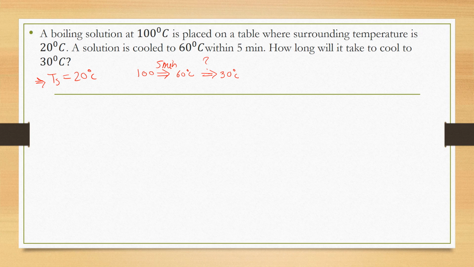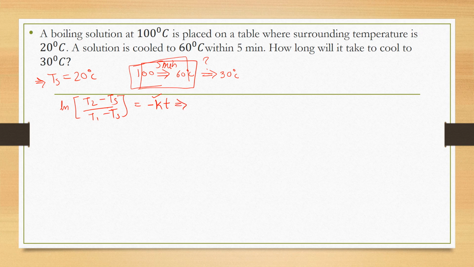So as per our formula which we have derived just now, which is given by ln of (T2 minus Ts) by (T1 minus Ts) equal to minus kt. So in this equation k is unknown, so we need to determine the k by considering the first process, that is conversion of 100 degrees Celsius to 60 degrees Celsius.